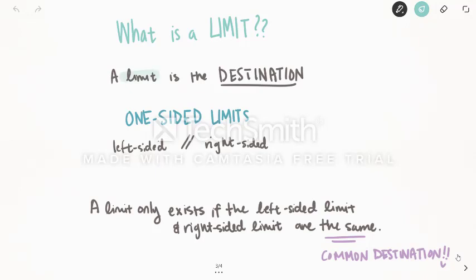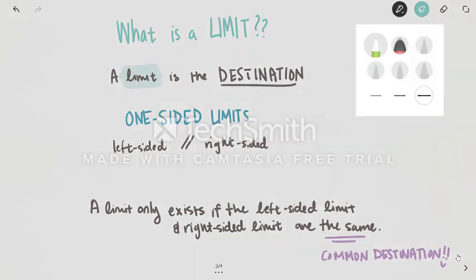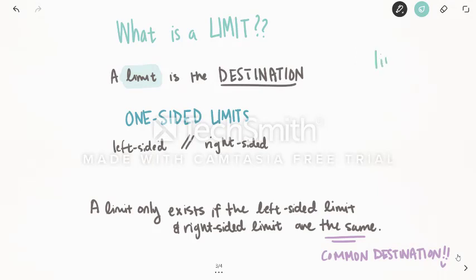So a limit will be denoted LIM. And so to locate the input, we're going to give the little when x gets closer to whatever number you want. So a is a placeholder, right?